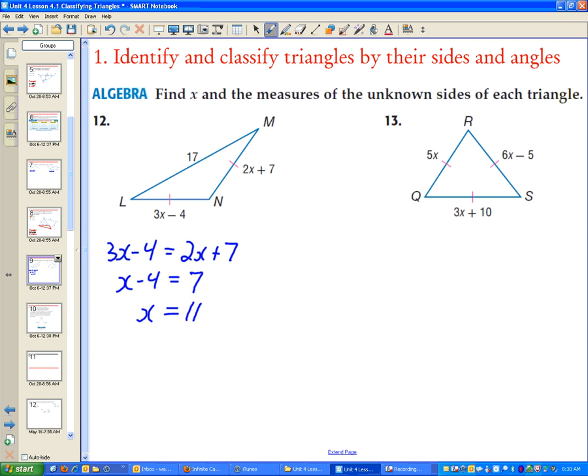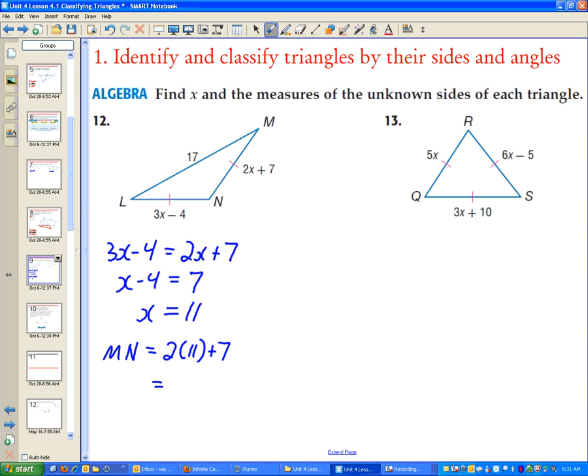Then it says to find the measures of the unknown sides. Now we know the measure of LM is 17. They give us that. We need to find the measure of MN and LN. And by the way, MN and LN have to have the same measure, don't they? Since they're congruent. All right, so MN is 2x plus 7. So that's 2 times 11 plus 7. That's 22 plus 7.